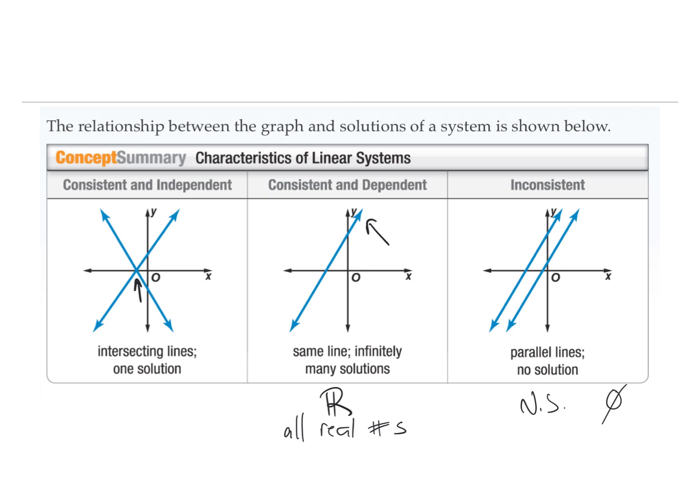How do you know if lines are parallel? Parallel lines have the exact same slope with different y-intercepts. So I'm going to say it again. Parallel lines have the exact same slope but different y-intercepts.